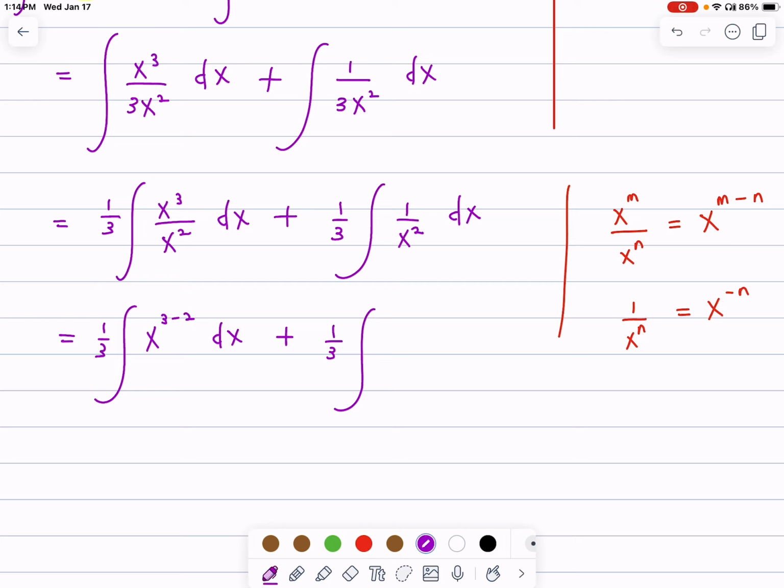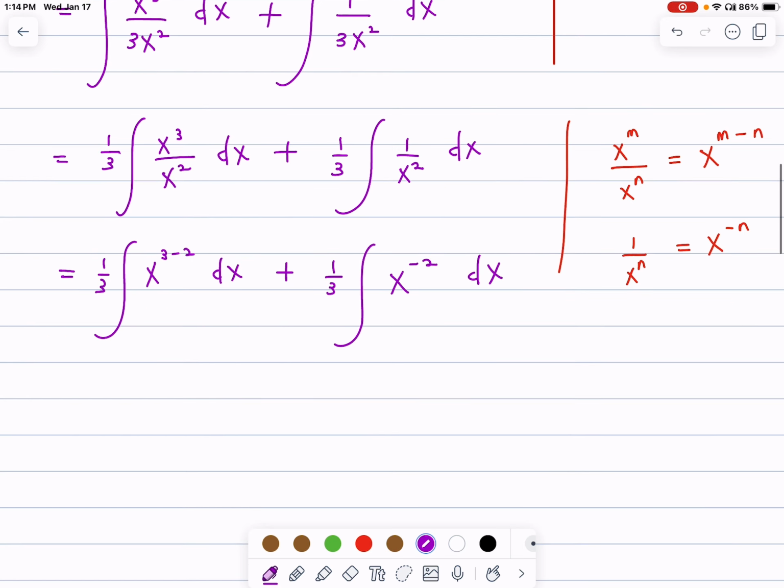So I can use that here. So this is just going to be x to the power of negative 2 dx, right? And this is going to be 1 over 3 integral of x to the power of 1 dx plus 1 over 3 integral of x to the power of negative 2 dx.